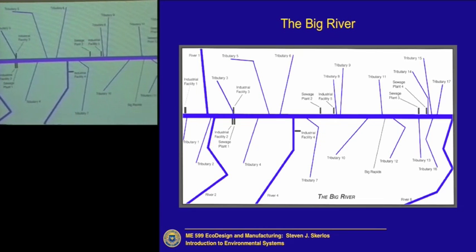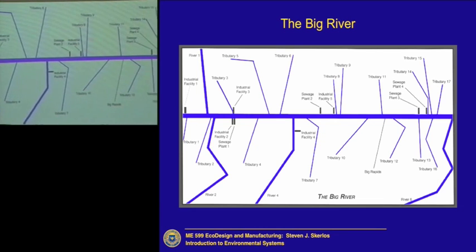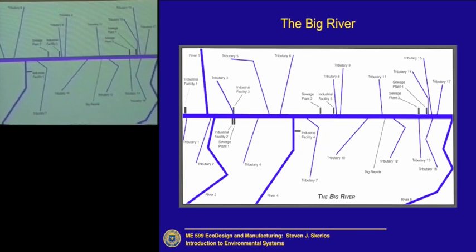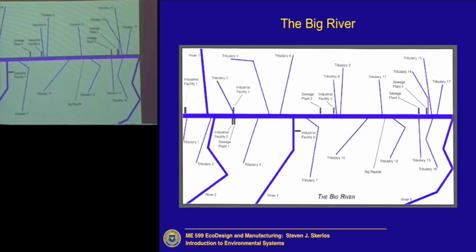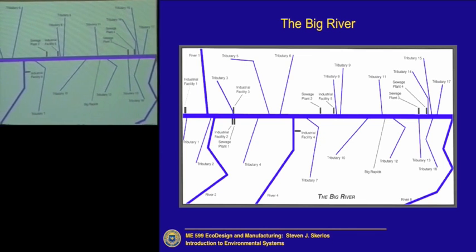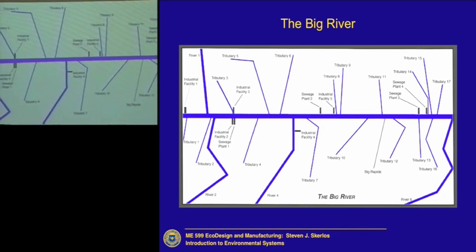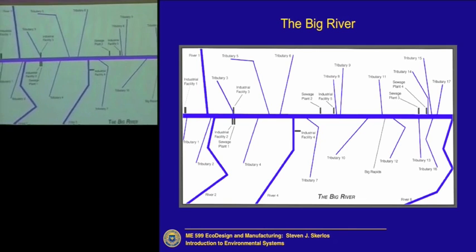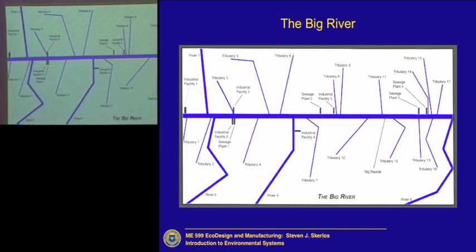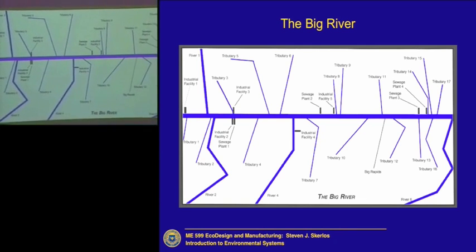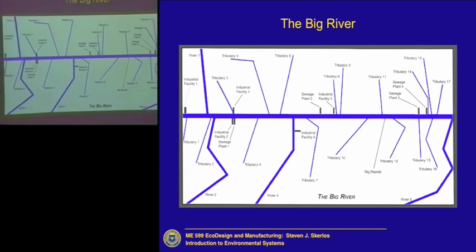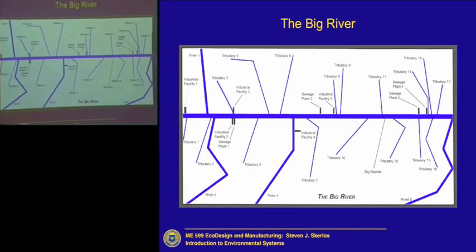So from beginning to end, as the river flows from left to right, the volumetric flow rate continues to increase. Okay, so we're basically breaking this up into 52 reaches for the big river.